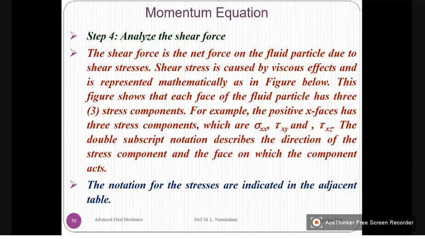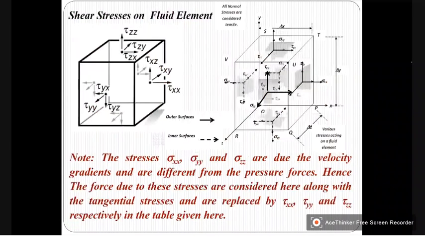Now the shear force is the net force on the fluid particle due to shear stresses. Shear stress is caused by viscous effects and is represented mathematically as in the figure below. See, this I have already shown.